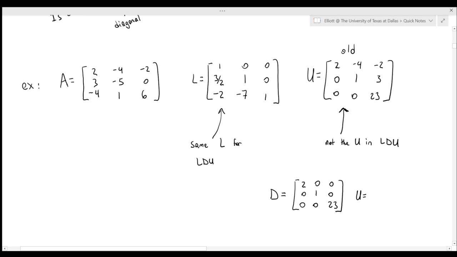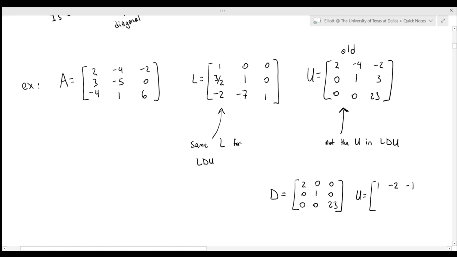Now, what you're going to do is take each row of this old upper triangular matrix and divide each row by its pivot, okay? So that means we're going to divide row 1 by 2, and we're going to get 1, -2, -1.